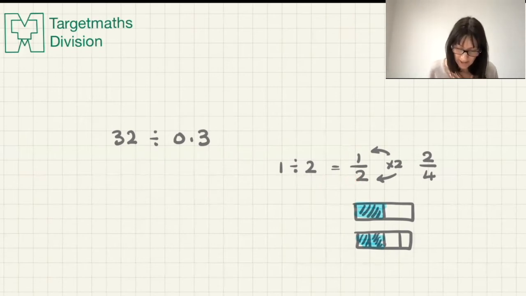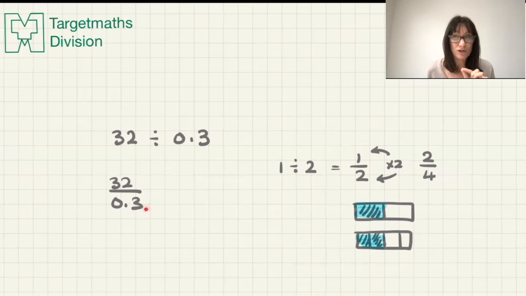So I'm going to write 32 divided by 0.3. There it is, the denominator cannot be a decimal. So I'm going to use the fact that I can times the top and the bottom to change the numbers, but keep fractions that are true and equivalent. I'm going to use that to get rid of the decimal.